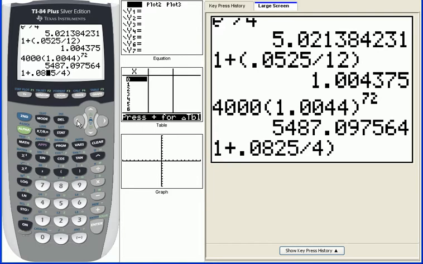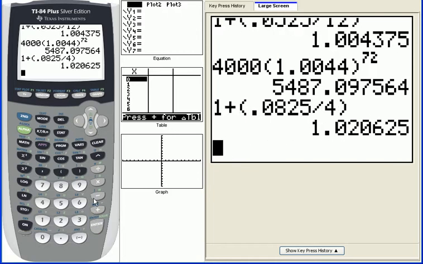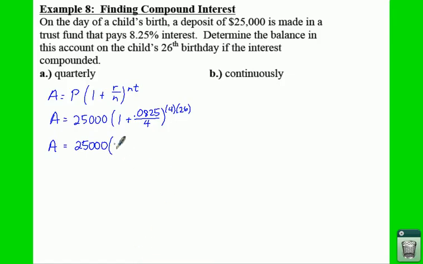So insert parentheses here, and then our answer is 1.0206. So 1.0206, and all of this is to the power of, that's going to give you 104, because it's 4 times 26.